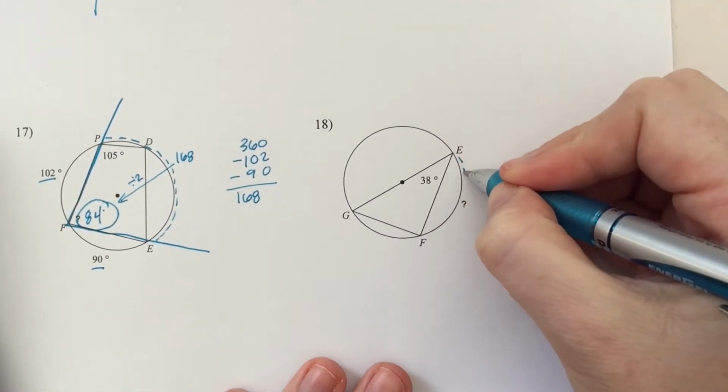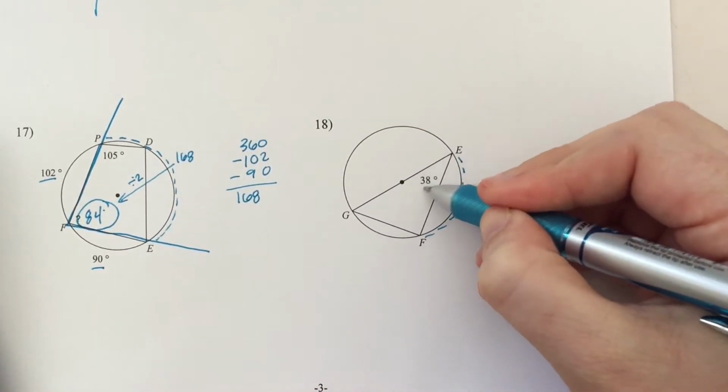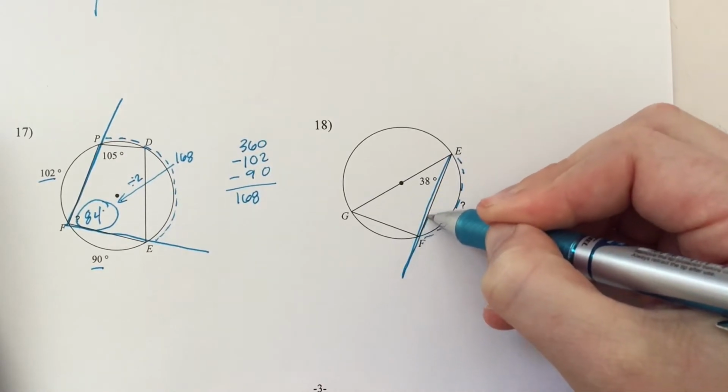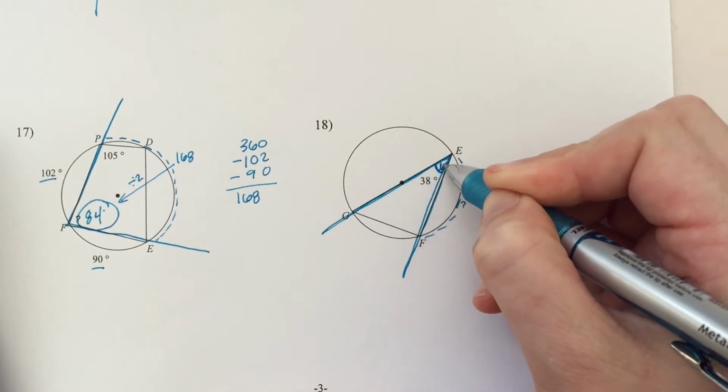I'm looking for this arc. I'm going to follow the same pattern where I highlight the sides of my angle. So this side is attached to the 38, and this side is attached to that 38 angle.